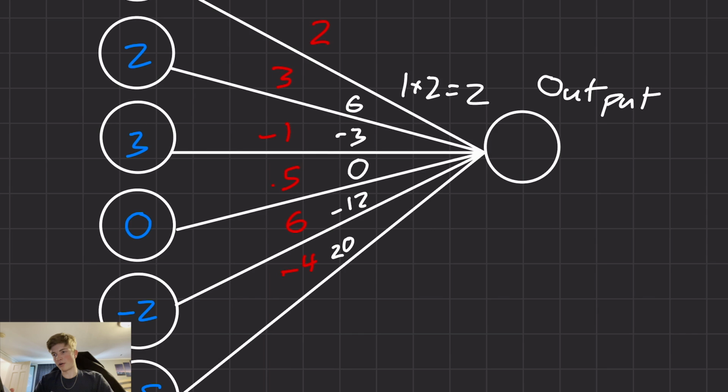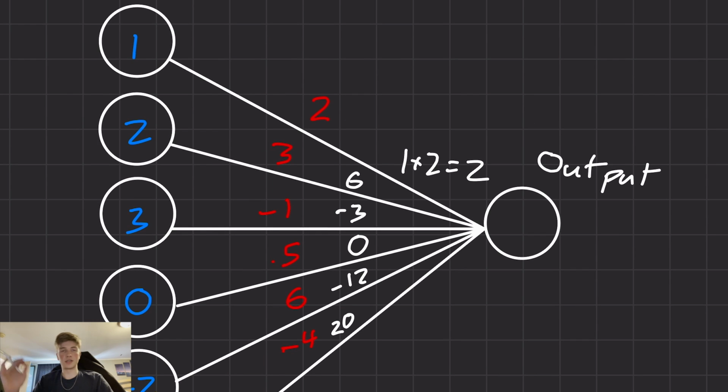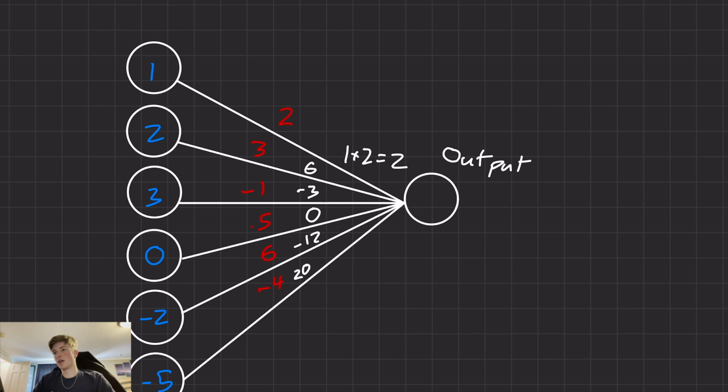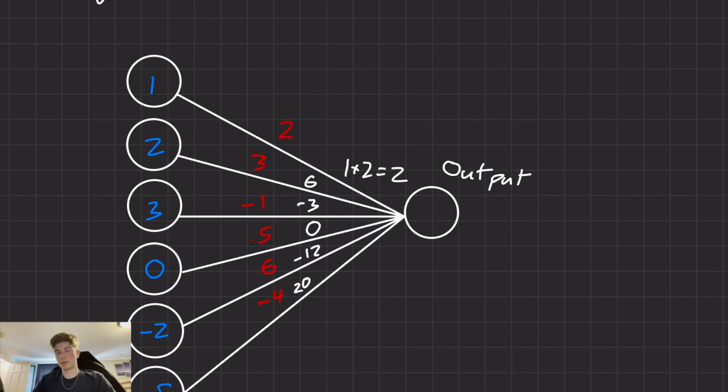previous layer. So if you want to think about weights on a more conceptual level, you can think about weights as the amount of say a neuron has when it comes to the emphasis it will have on its output neuron. So in this example, -2 has the most say with a weight of 6, and 0 has the least say with a weight of 0.5. 0 is a bit of a different case because it wouldn't really matter how much we multiply by.